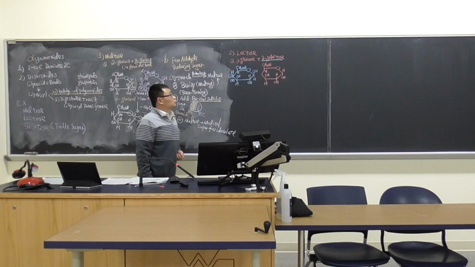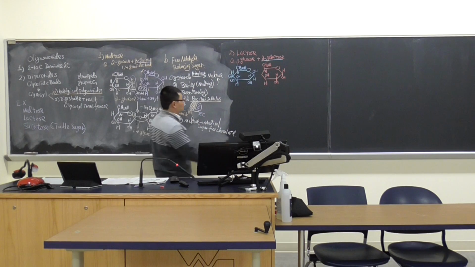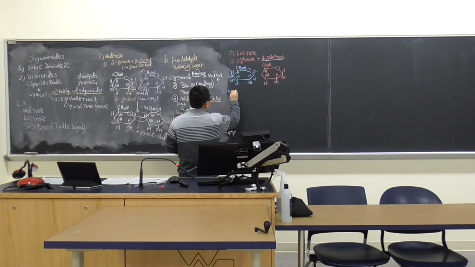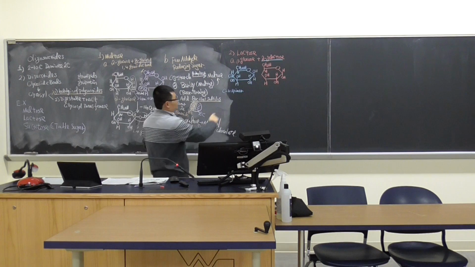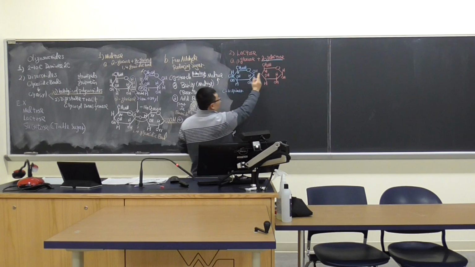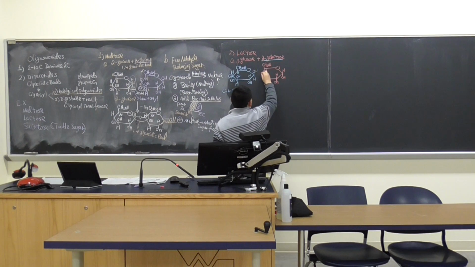Remember we said glucose and galactose are carbon 4 epimers. So what's the difference right here? If this one goes down, in galactose this one should go up. So what does it look like? This one is going to go up, and this one goes down.